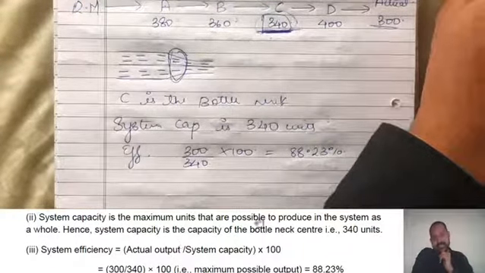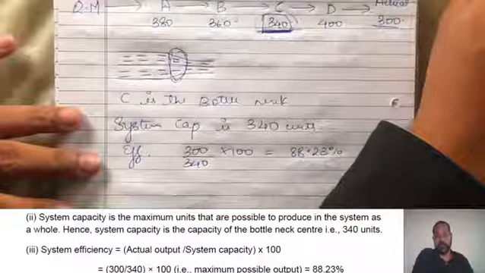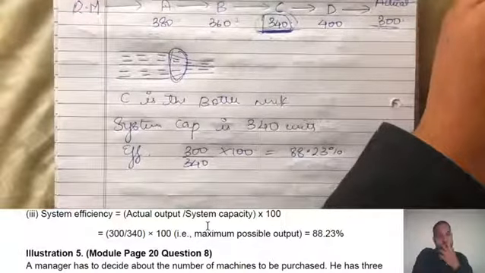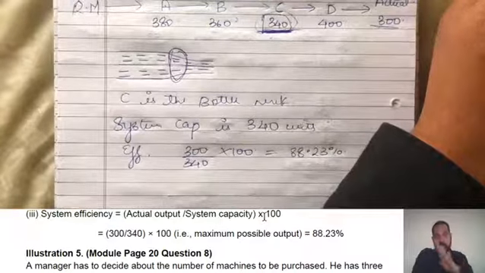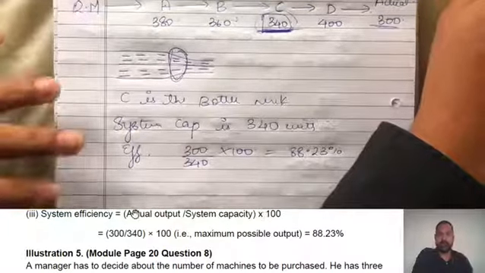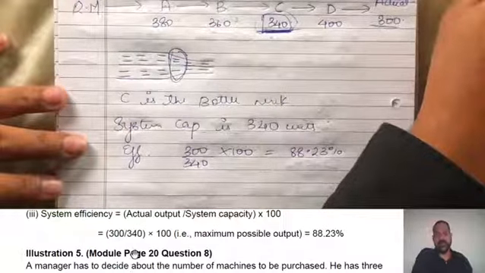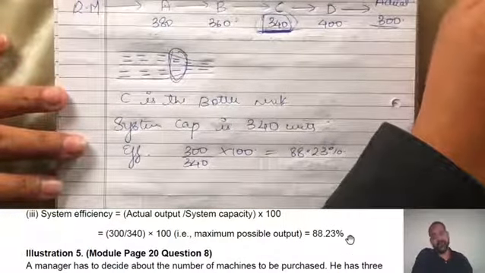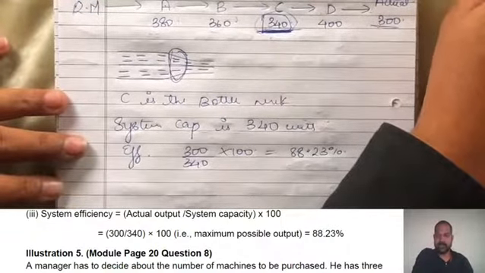Hence, the system capacity is the capacity of the bottleneck, which is 340 units. And lastly, system efficiency is the actual output divided by the system capacity. Don't remember it this way, do not confuse yourself. Actual is 300 divided by the system capacity of 340, which is 88.23%. And that's your three answers.